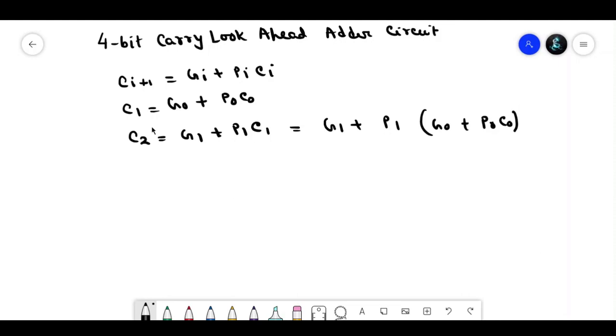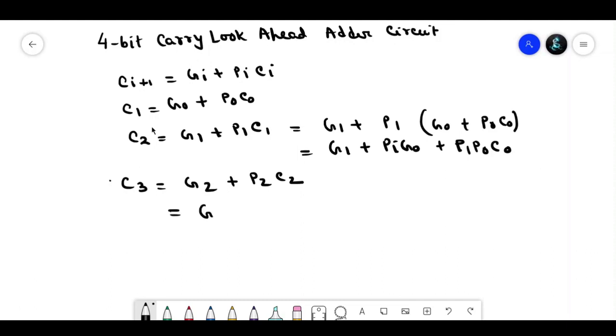Okay. So here C2 is G1 plus P1 G0 plus P1 P0 C0. Now I am doing C3, that is nothing but G2 plus P2 C2. So it is G2 plus P2, and in case of C2, I am writing G1 plus P1 G0 plus P1 P0 C0.